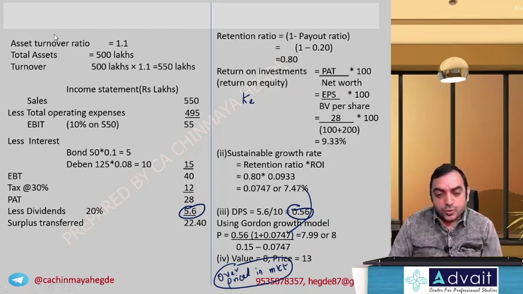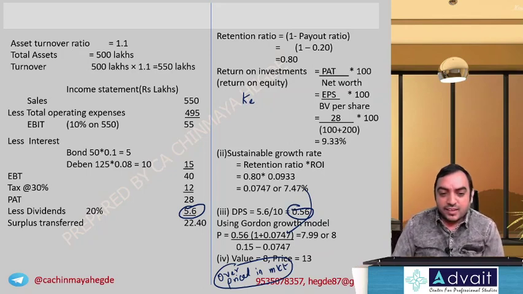Okay. So I hope you have done till here. Terminal value can be any year, yes. Terminal can be 5th year, but that is the present value of future cash flows.